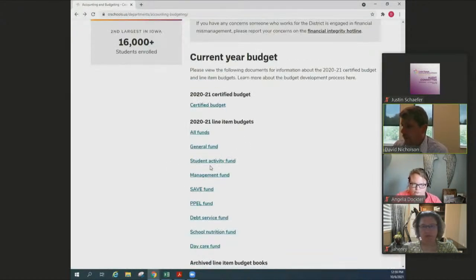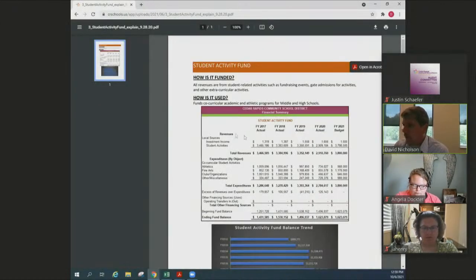So now let's just jump down to some of these other ones we'll go through pretty quickly. Our student activity fund is funded through fundraising, gate receipts, and the donations that happen. Typically, in a typical year, there are only certain things that you can transfer general fund dollars into the student activity fund for.